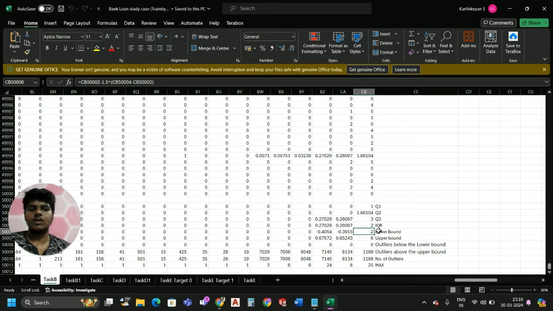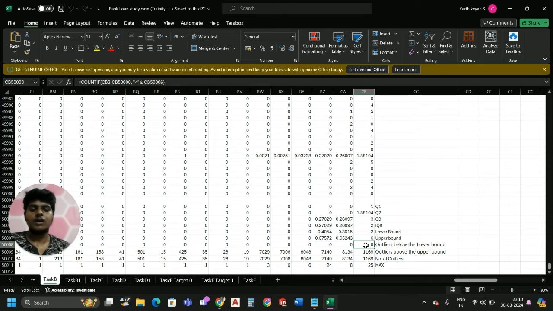To know the lower bound, it is Q1 minus 1.5 times (Q3 minus Q1). So this is the formula for the lower bound of the outliers. For the upper bound, it is the same formula, but in place of minus we use plus: Q3 plus 1.5 times (Q3 minus Q1).